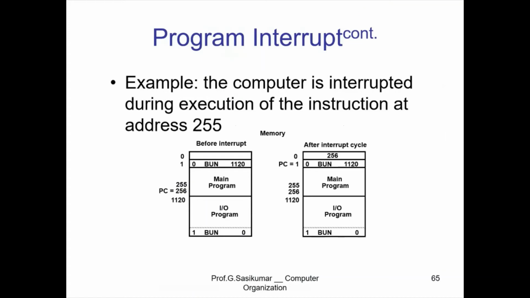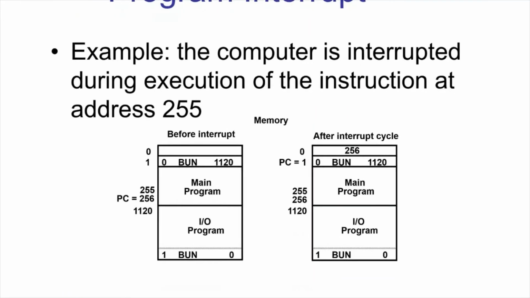For example, the computer is interrupted during execution of the instruction at address 255. You can see the before-interrupt and after-interrupt states. There are two parts of memory. The program counter has 256, which is the next address, but we have raised the interrupt request at the point of 255.